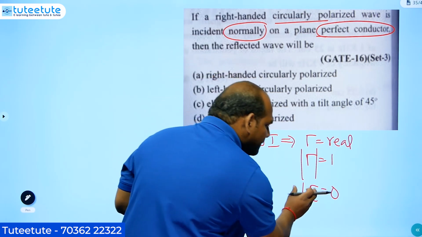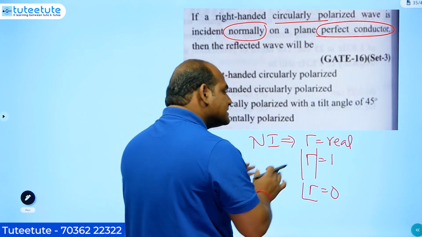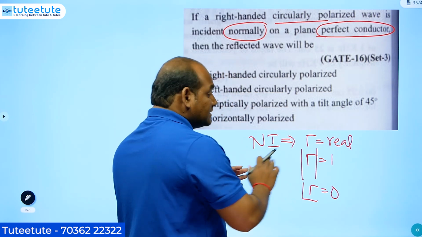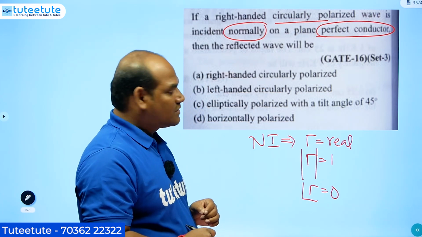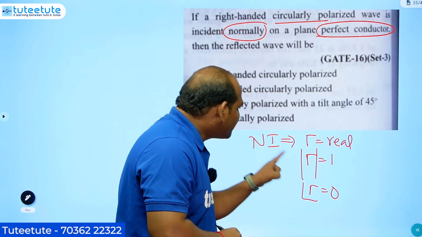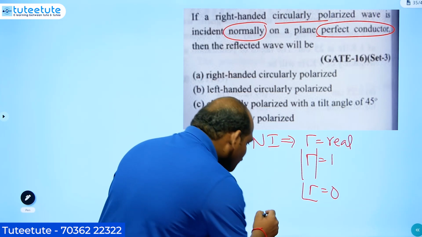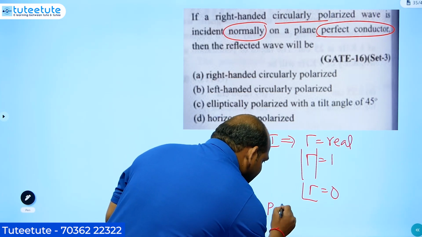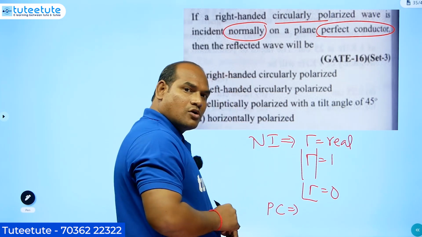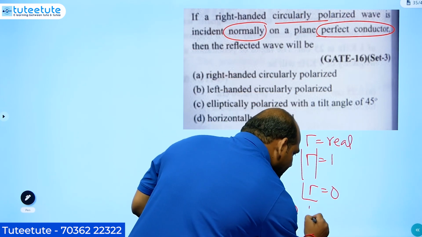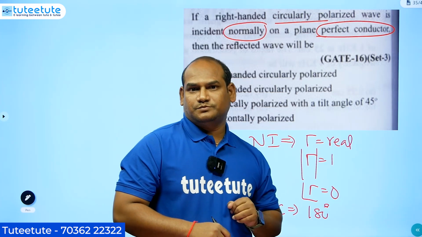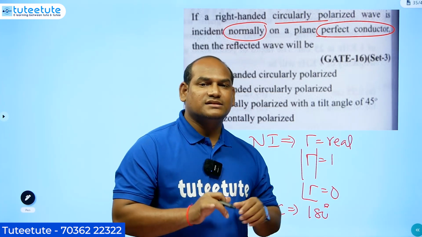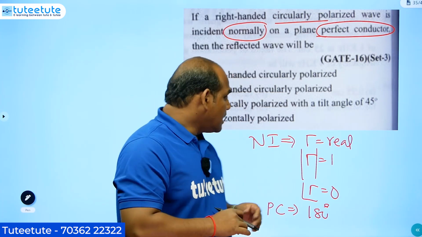But here gamma equal to 0 angle is not valid for this particular perfect conductor. This can be taken for normal incidence, and if you take the second medium as the perfect conductor, then the angle will become 180 degrees. That means the phase will be different. There is no change in the magnitude.